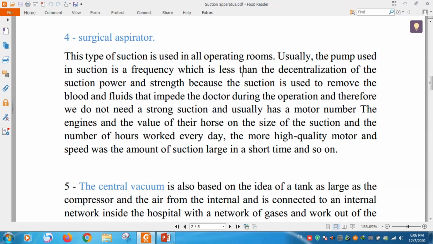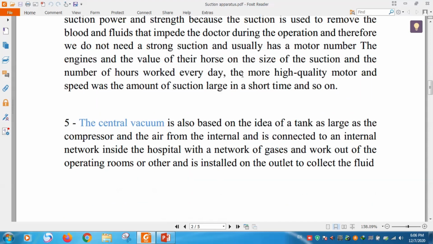It usually has a motor number, and the horsepower of the engines depends on the suction size. The higher the quality and speed of the motor, the greater the amount of suction in a short time, and so on.